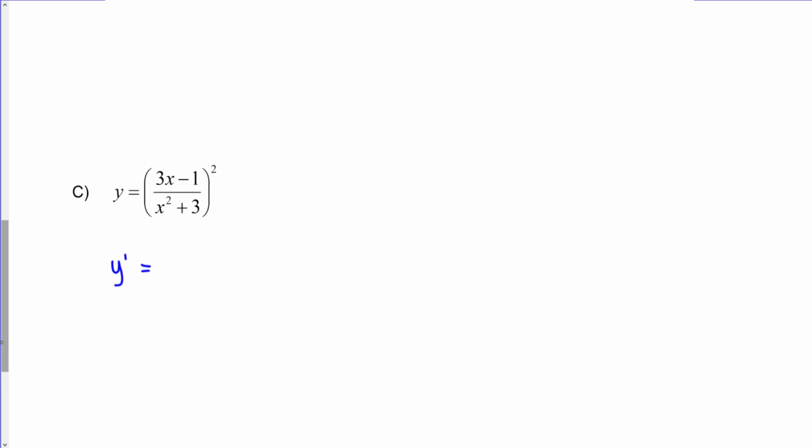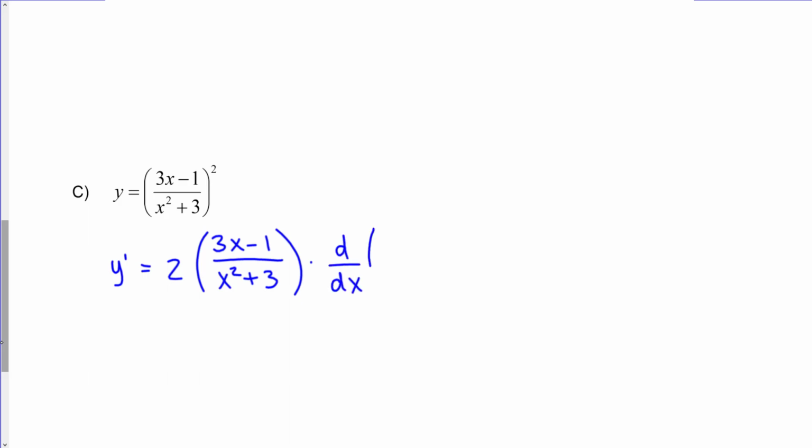The outer function is easy. The exponent is 2, so you bring that down and you multiply it by the inner function and subtract 1 from your exponent. So 2 minus 1 is just 1. I'll leave that alone. And then we multiply that by the derivative of the inside part.